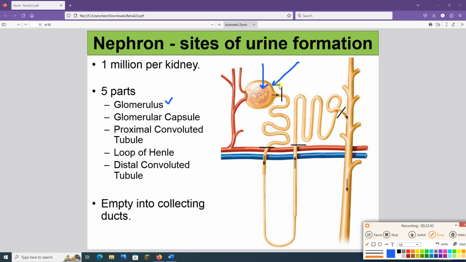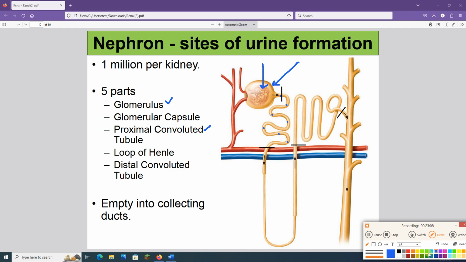The glomerular capsule catches the filtered blood. And then that filtered blood flows through something called the proximal convoluted tubule, which I am putting some blue dots on right now. Proximal means nearby. It's near the glomerular capsule. Convoluted means twisty. It is twisty. We'll talk about that twistiness in a second.